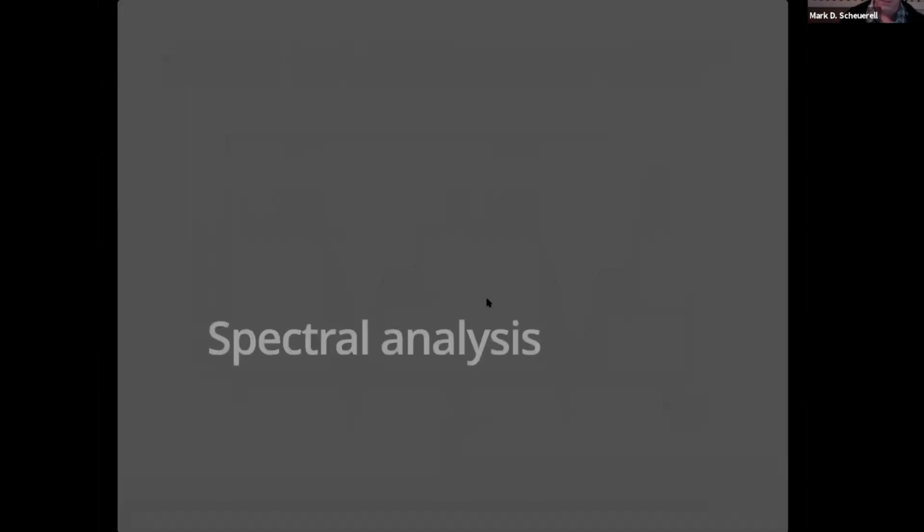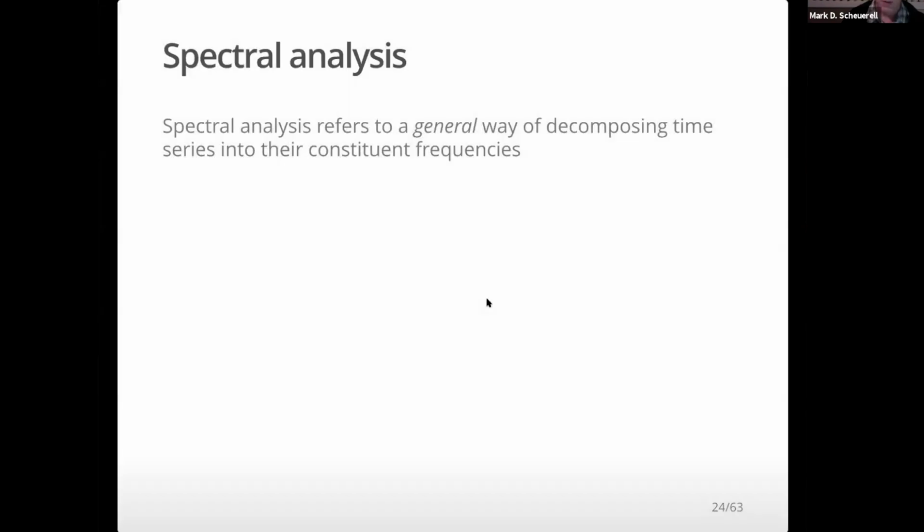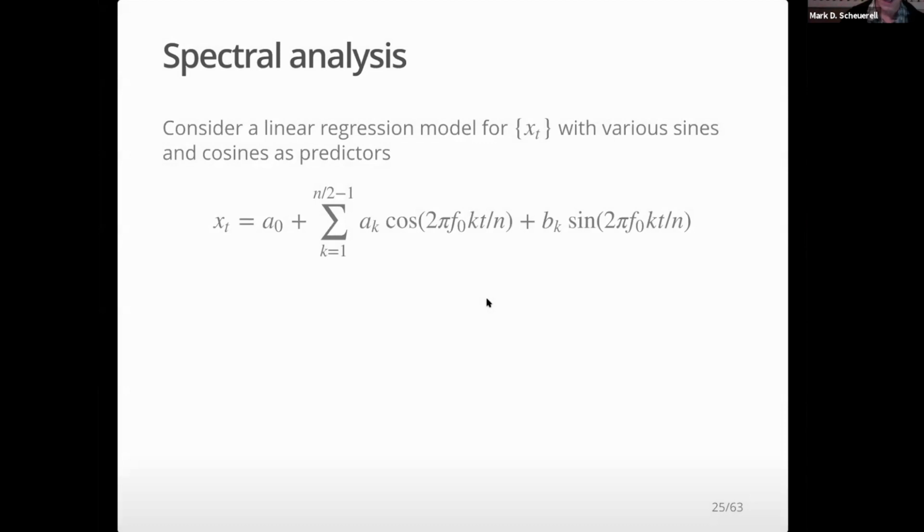Okay. So let's talk a little bit about spectral analysis here. Spectral analysis is just a general term, and it refers to a way of decomposing time series into their basis frequencies. So let's think about a linear regression model for a time series x of t, where we're going to use cosines and sines as predictors.